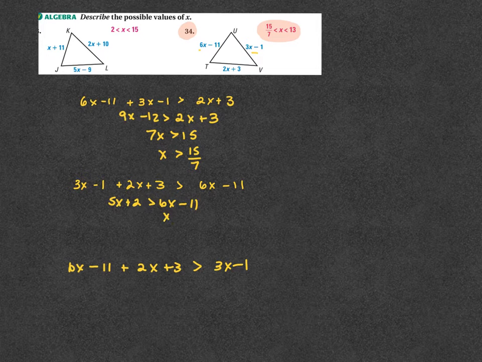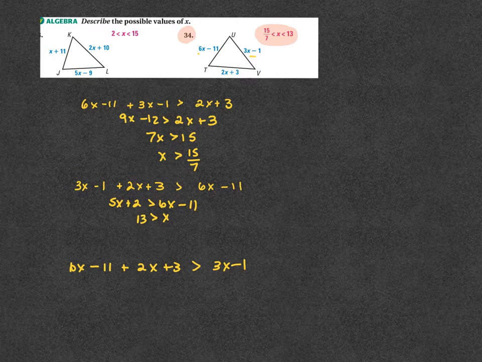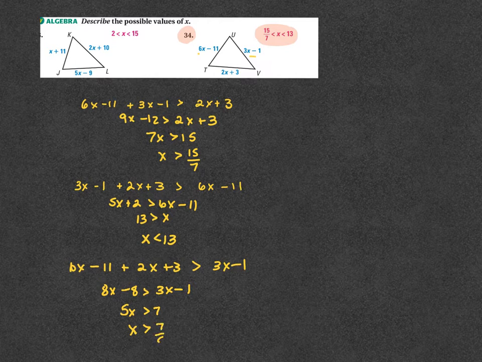And then I'd get x would be actually less than 13, because if you wrote that in the right order, it would be read as x less than 13. And then the last one is 8x minus 8 greater than 3x minus 1. So 5x has to be greater than 7. And x has to be greater than 7/5.